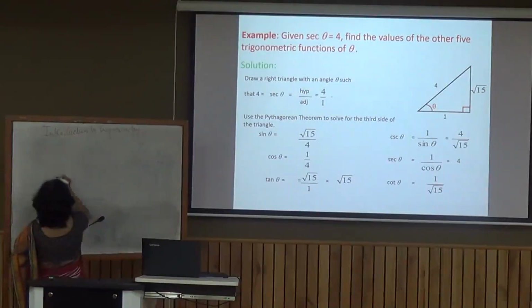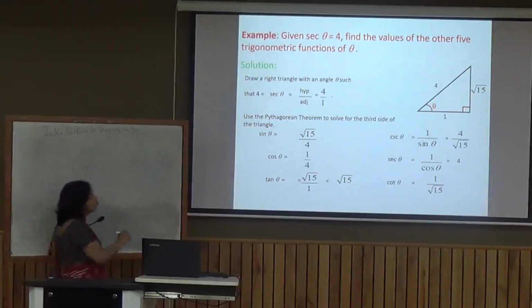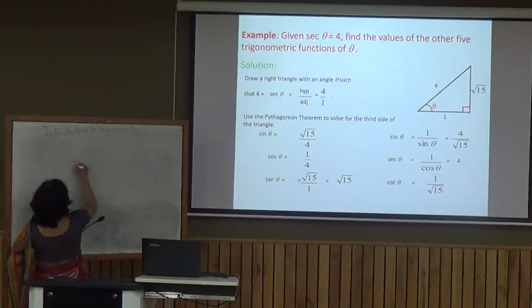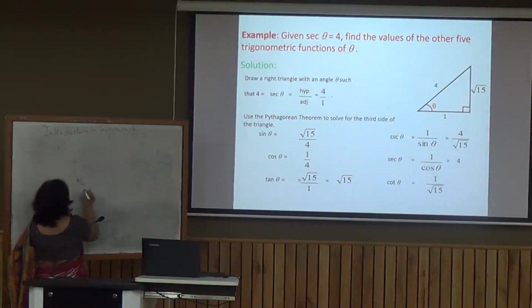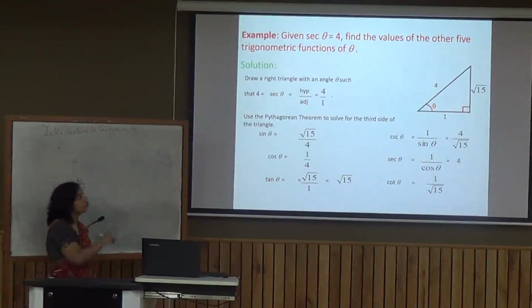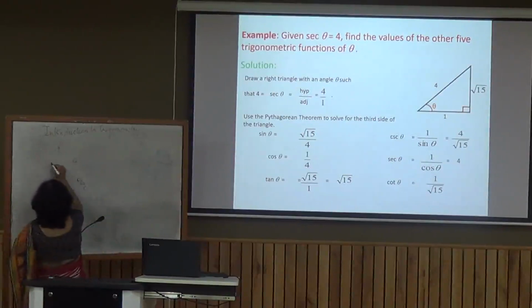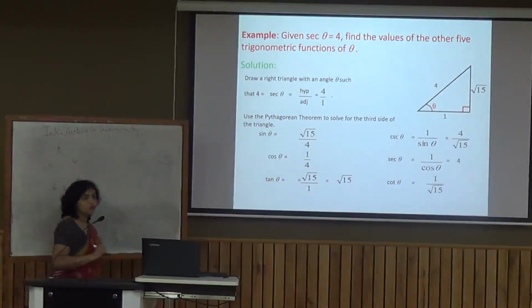You can do it by both methods. If we take sec theta as 4, that means our hypotenuse is 4 and our adjacent side is 1. When we calculate the perpendicular, it comes out to be square root 15.